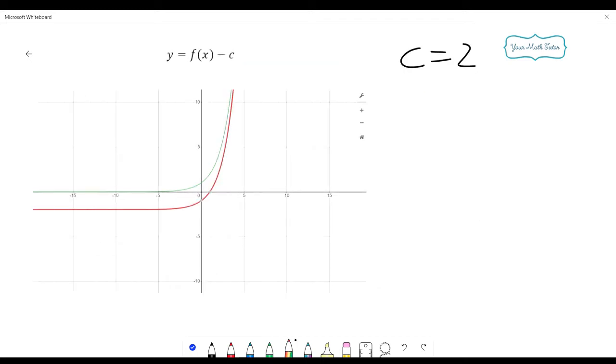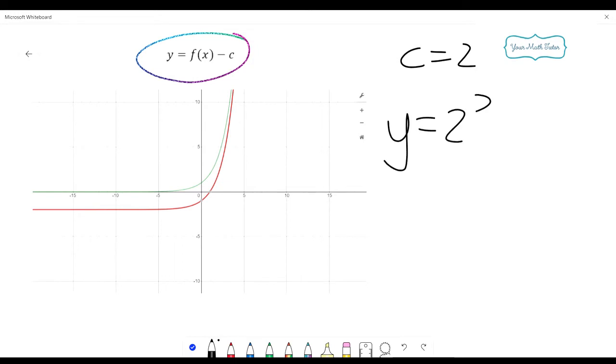Now, when we look at the transformation y equals f of x minus c, which gives us y equals 2 to the power of x minus 2, c still being equal to 2, our graph is shifted 2 units downwards. Green is still the original graph and red is the transformed graph.